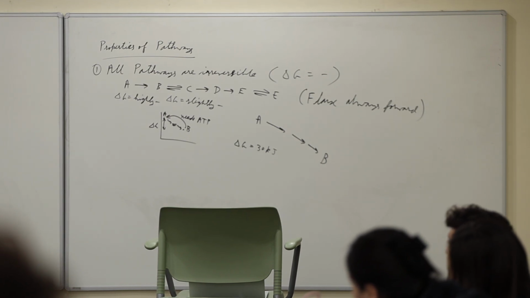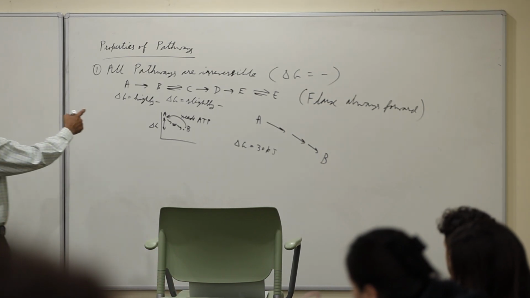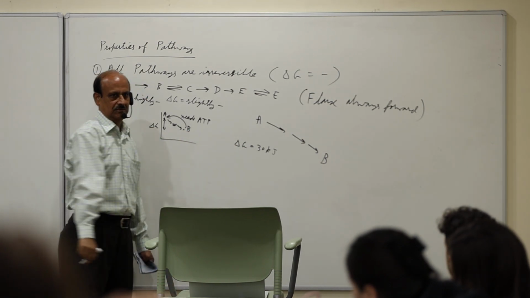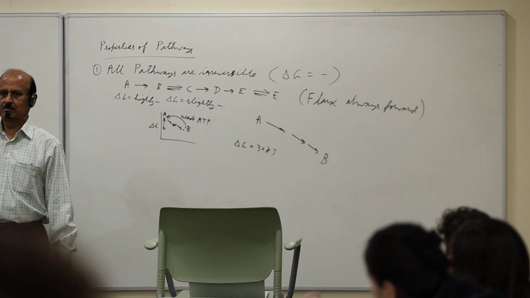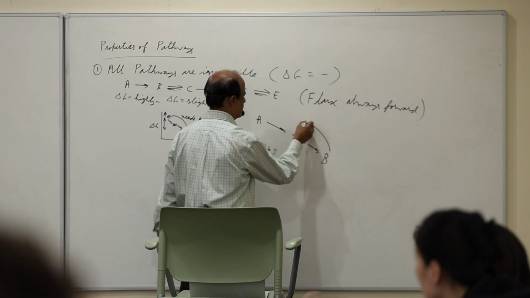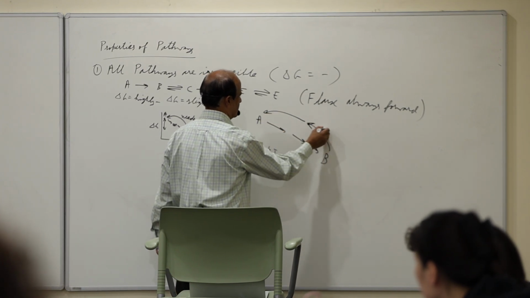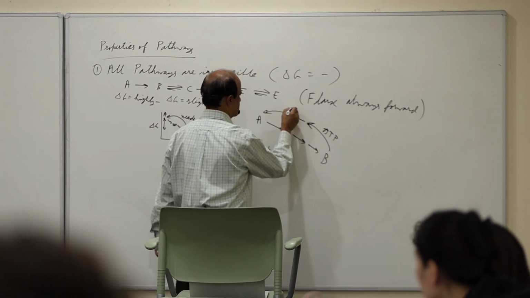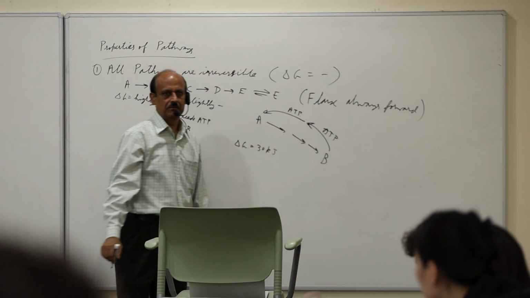But that's not how it works. If you provide only 30 kilojoules of energy, that reaction will not be irreversible. All pathways have to be irreversible. In order to go back, you will need more than 30 kilojoules of energy. And so in order to go back from B to A, you have to provide extra ATP. So 1 ATP here, and in another step you put 1 more ATP.